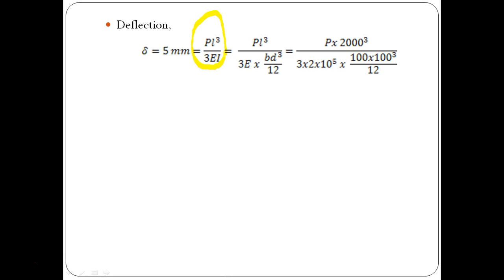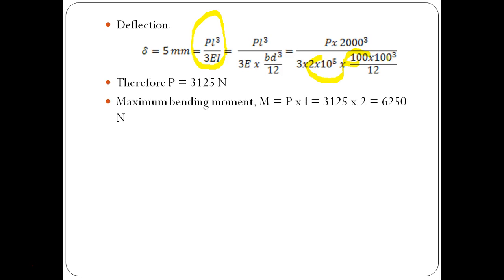P is unknown, L is already given, that is 2000, and E is also given, that is 2 into 10 to the power 5, while b is given, that is 100, and then d we can take as 100. So from here we can calculate, since delta is already known to us, P equals 3125 Newton.